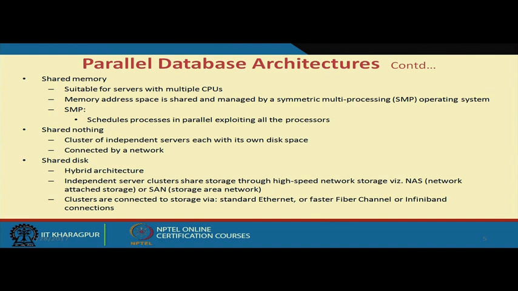Shared nothing is a cluster of independent servers, each with its own hard disk, connected by a high speed network. Shared disk is a hybrid architecture: an independent server cluster sharing storage through high speed network storage like NAS or SAN. Clusters are connected to storage via standard Ethernet, fast fiber channel, InfiniBand and so on and so forth.